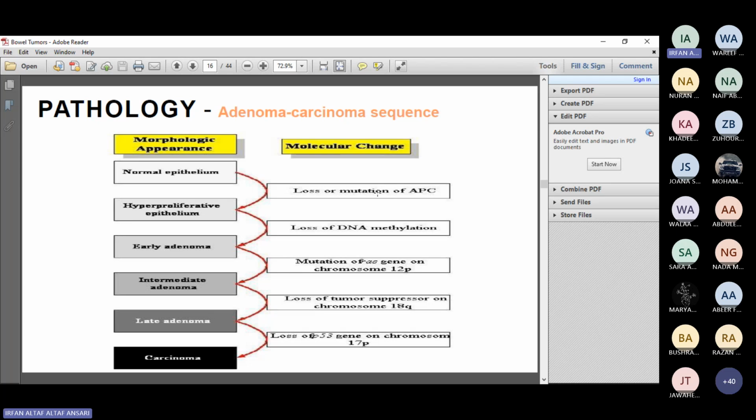There is loss or mutation of the APC gene, loss of DNA repair or DNA methylation genes, mutation of the RAS gene on chromosome 12p, and tumor suppressor gene loss, especially the p53 gene on chromosome 17p. This multi-step mechanism at the level of the epithelium and at the molecular level leads to development from a normal epithelium to a carcinomatous epithelium.